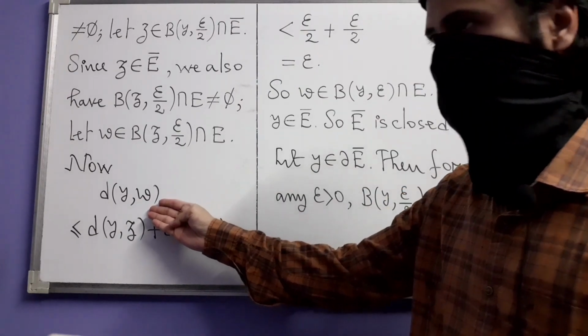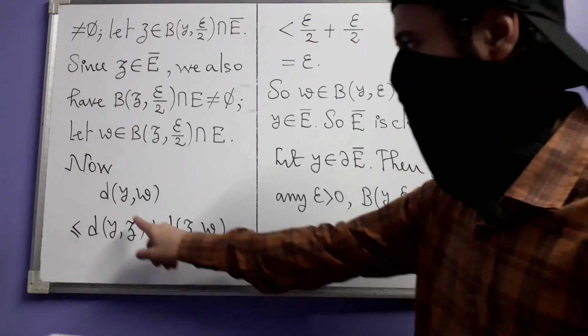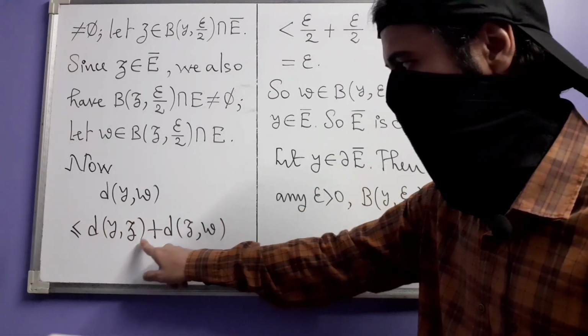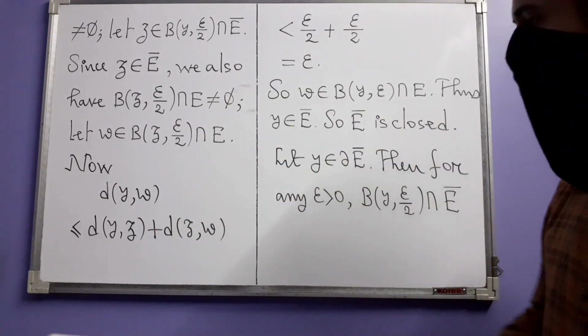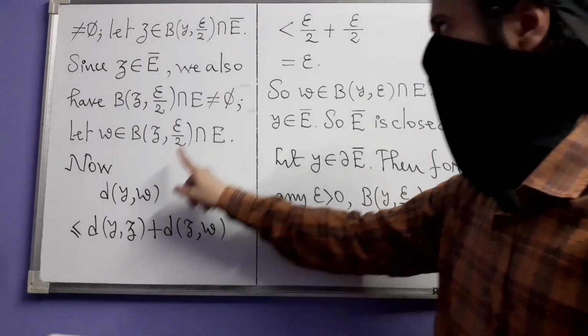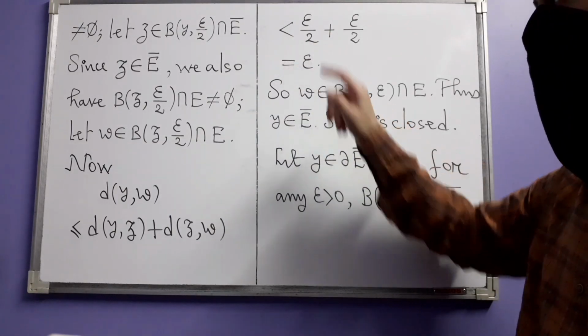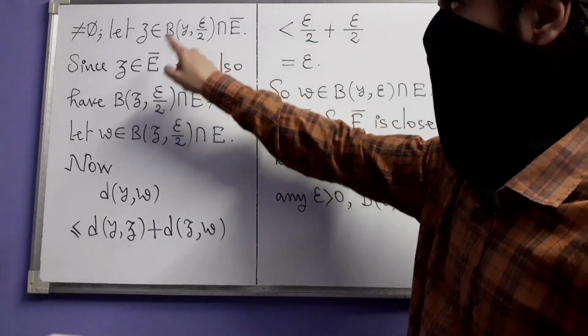By the triangle inequality which every metric satisfies, this is less than or equal to the distance between Y and Z plus the distance between Z and W. Now this distance is less than epsilon divided by 2. Why? That comes from this fact.